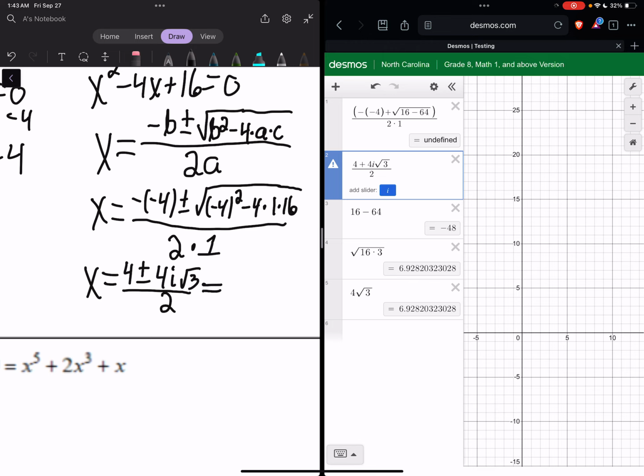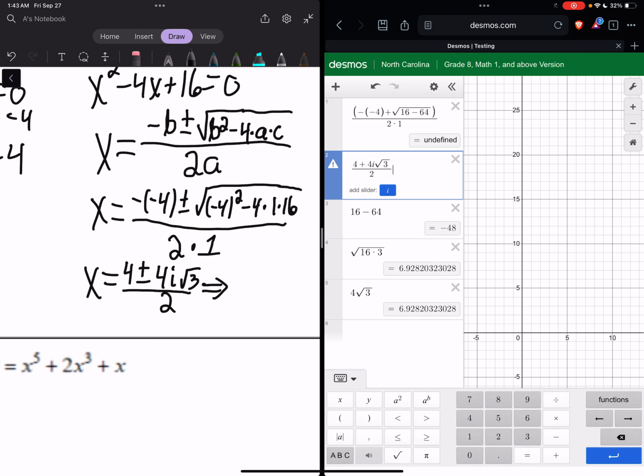I want you to notice, though, this is not completely finished. Why not? Because we have a GCF on top. If I pull out a 4 from this equation, I have 4 over 2. 4 divided by 2 is just 2.